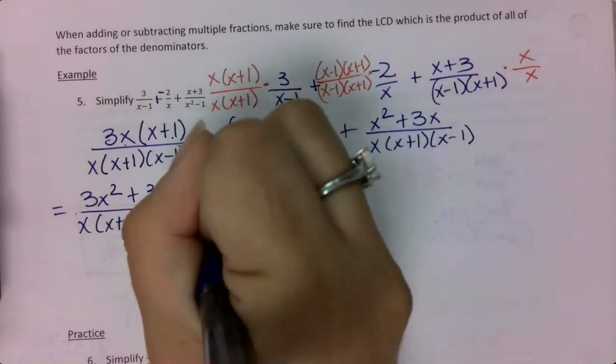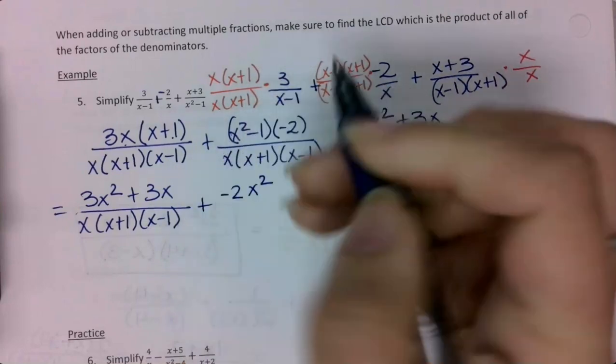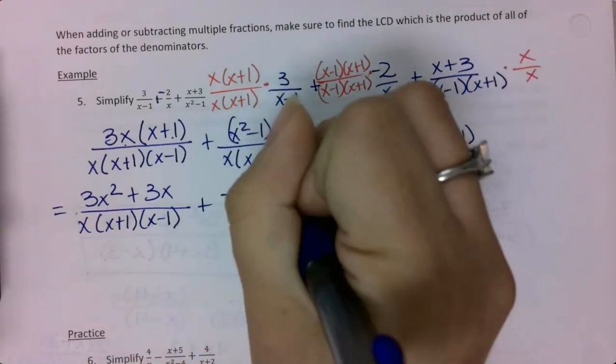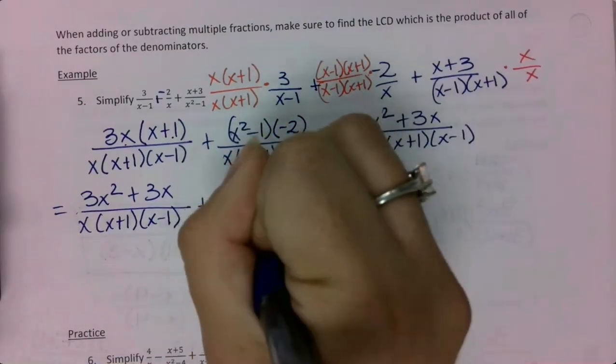On the second fraction, I'm multiplying negative 2 by x squared to get negative 2x squared. Negative 1 times negative 2 gets me positive 2. Denominator stays the same.